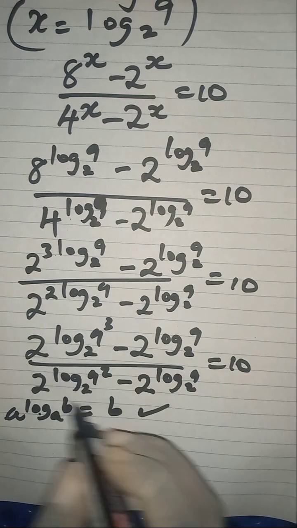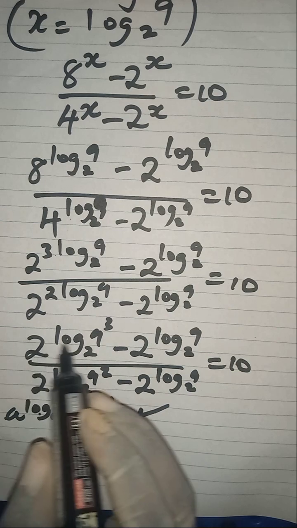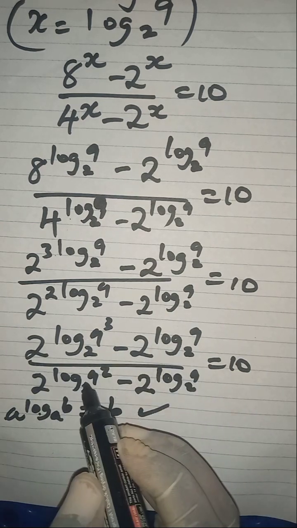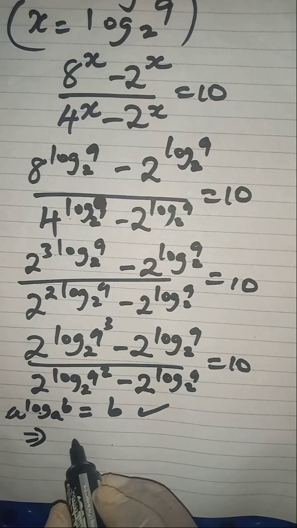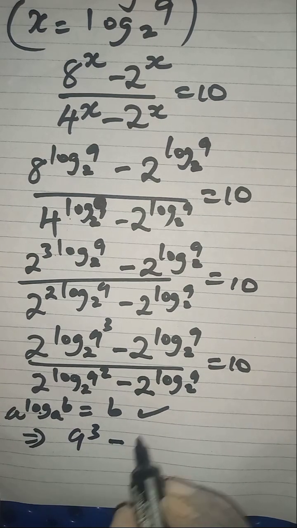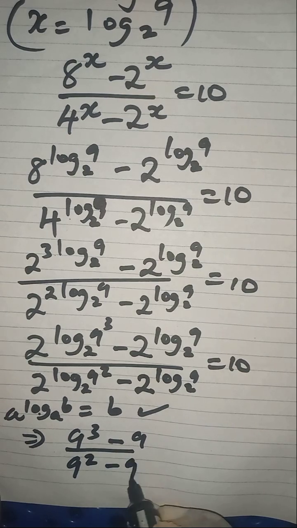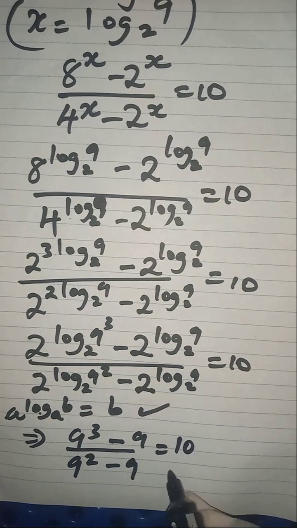So when I apply it, it means I'm going to drop the base, this and this, this and this, since the bases are the same, so that I'm going to have 9 cubic minus 9 over 9 squared minus 9. You want to see if it's going to give me 10.